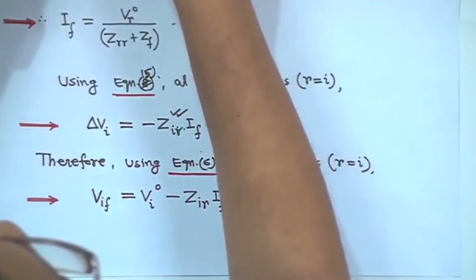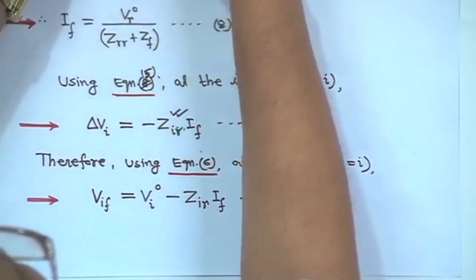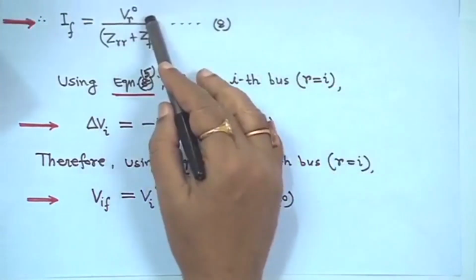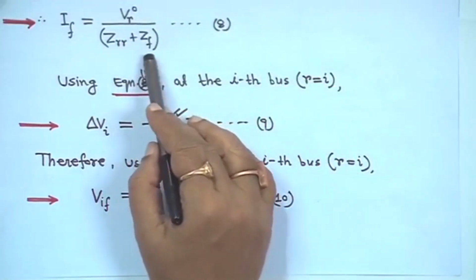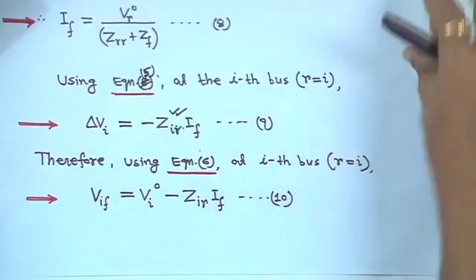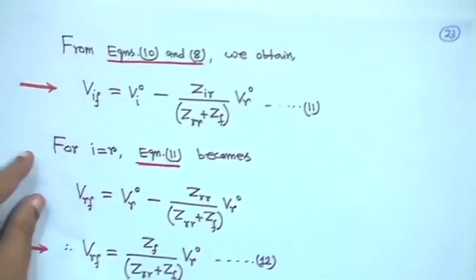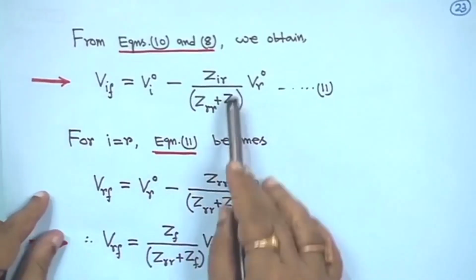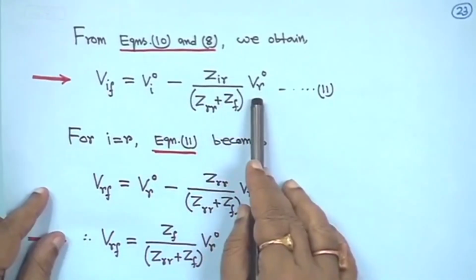That means, from equation 10 and 8, IF is equal to VR0 upon ZRR plus ZF; this one you substitute here. If you do so, then you will get VIF is equal to VI0 minus ZIR upon ZRR plus ZF into VR0.